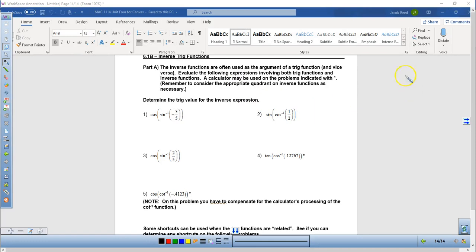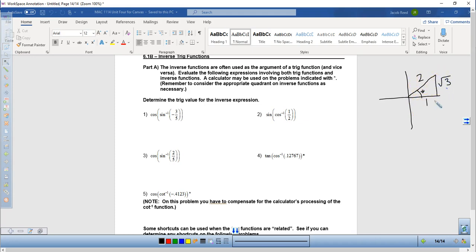Going through number 2, cosine inverse is 1/2. Well, talking about 1/2, that's a positive, therefore we're talking about the first quadrant. And 1/2 is 1 and 2. Now we know this setup as well.